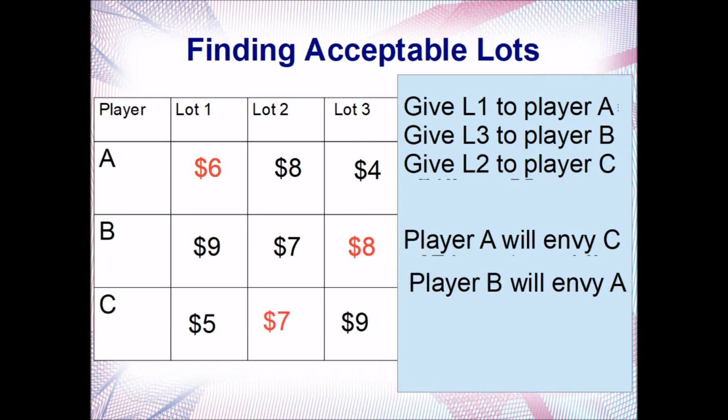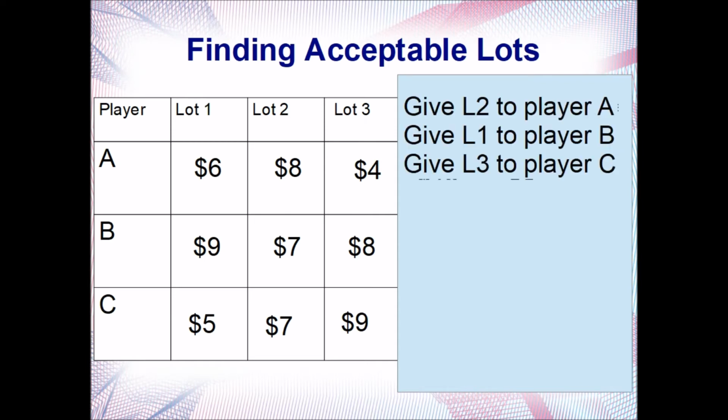Player B got lot 3, but the lot that they value the most is lot number 1, which player A got. So player B will envy player A. And player C got lot number 2, but their favorite lot is lot number 3, and player B got that one. So player C will envy B. So this division, while fair, is decidedly not envy-free.